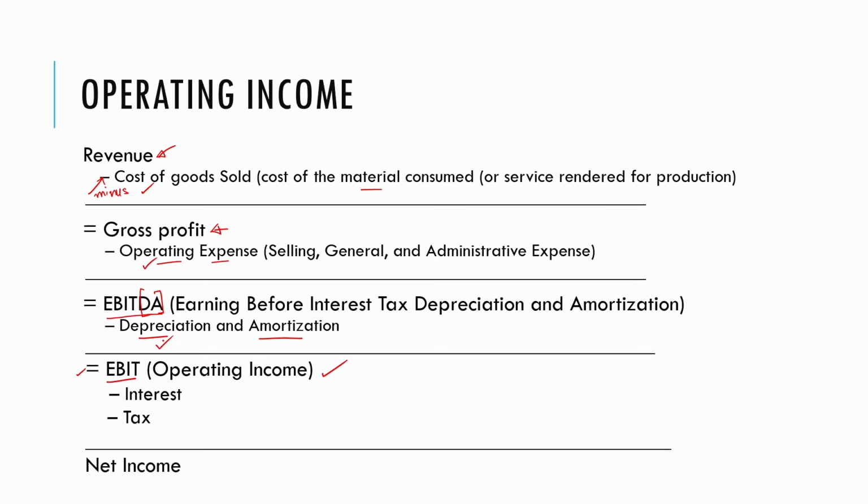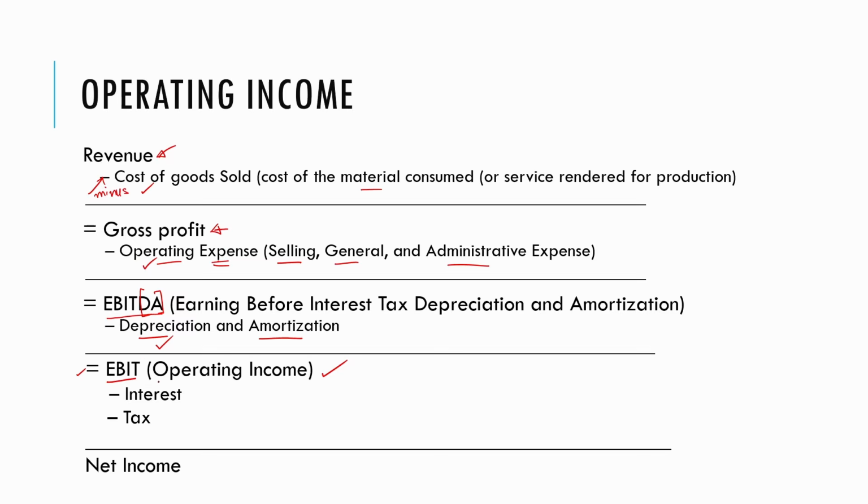That will give you the operating income. Now what is operating expense? It is generally termed as selling, general and administrative expense, but practically it is any kind of expense which is related to the operation of the business activities. So that is the operating expense.